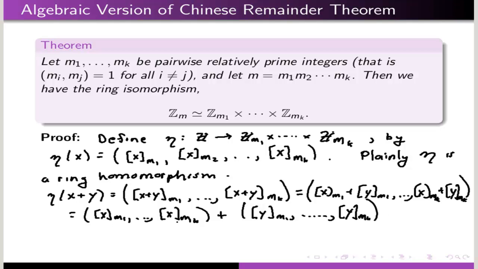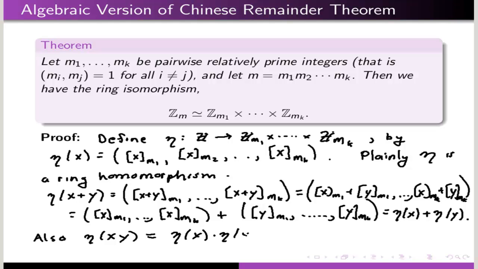And of course this is eta of x, and this is eta of y. So eta of x plus eta of y. And similarly, eta of x times y is eta of x times eta of y. Okay, so we have a ring homomorphism.